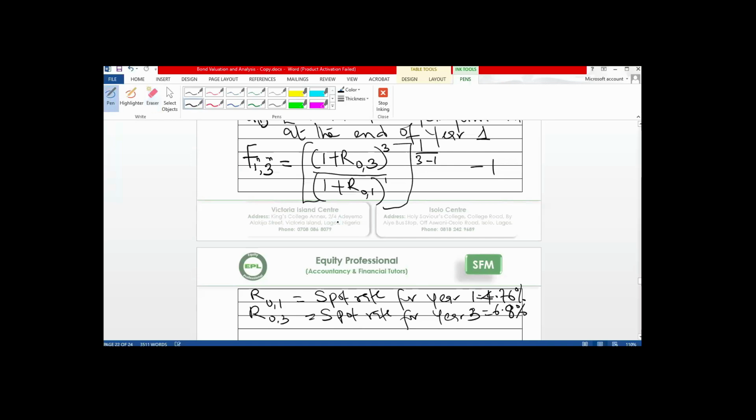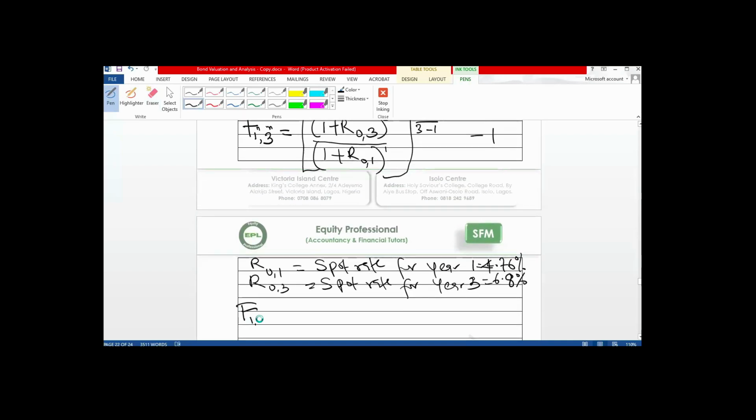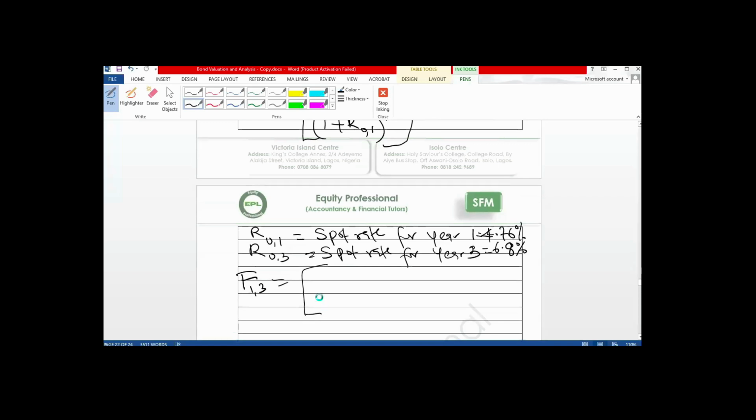I can calculate this now. F1 to 3 is equal to bracket 1 plus R in year 3, the spot rate for year 3, 0.068, raised to power 3 over 1 plus the spot rate for year 1, 0.0476, raised to power 1.